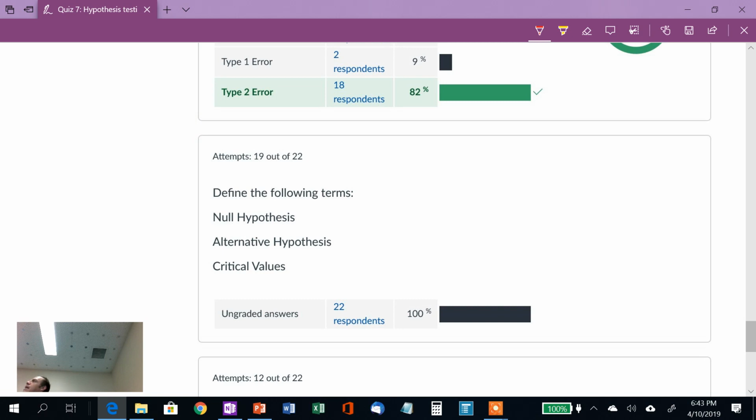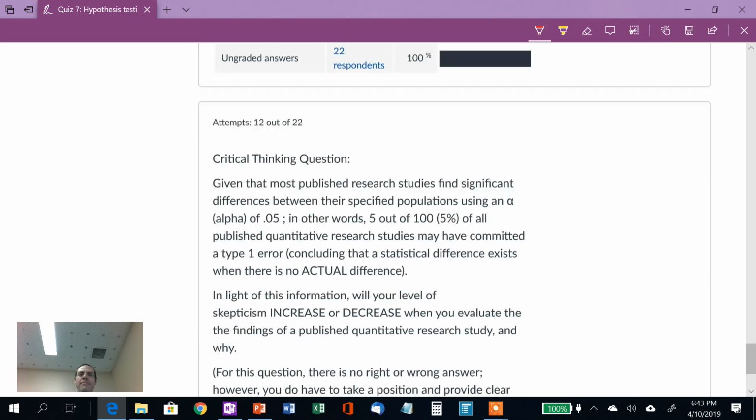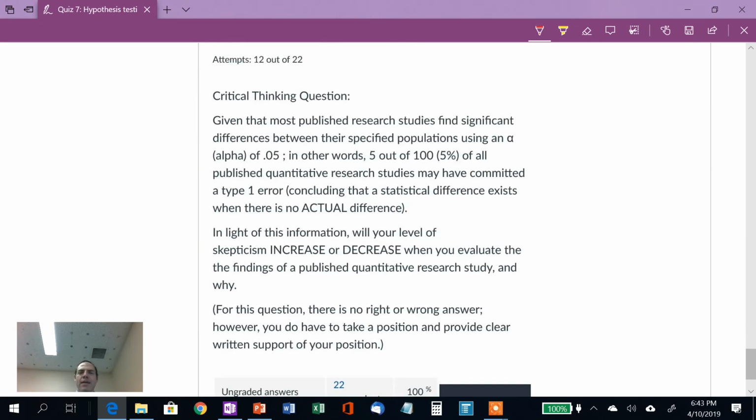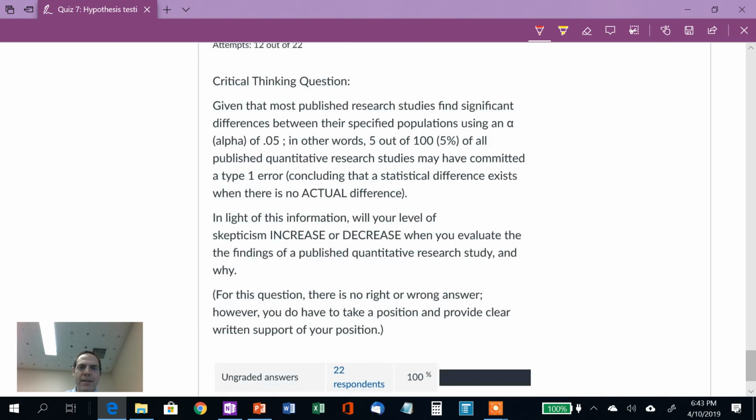Alternative basically says that there is a difference, not equal. Critical values are those lines that I indicated, your criteria as to what will convince you, or the criteria you would use to determine if there's a difference or no difference. And then a critical thinking question. All right, so there you go.